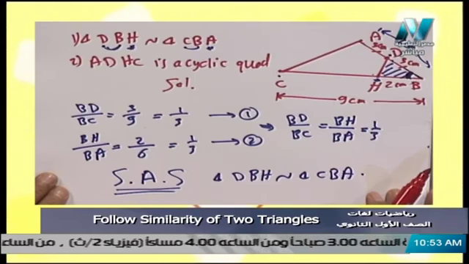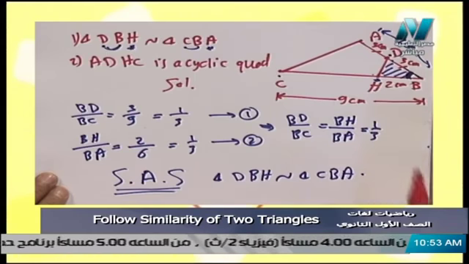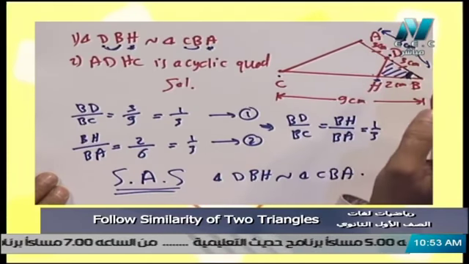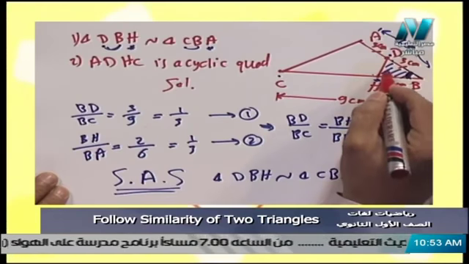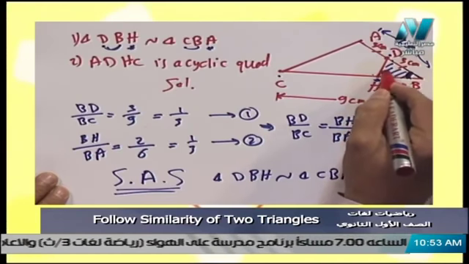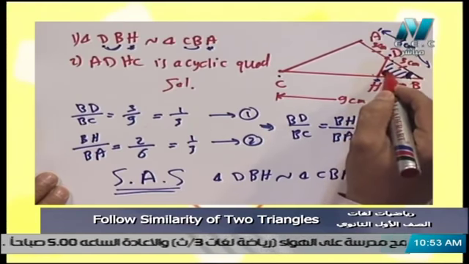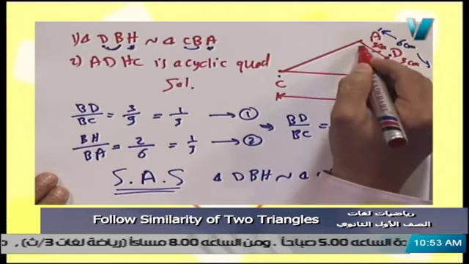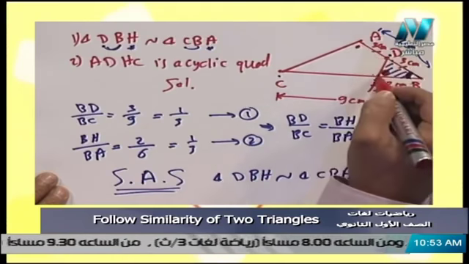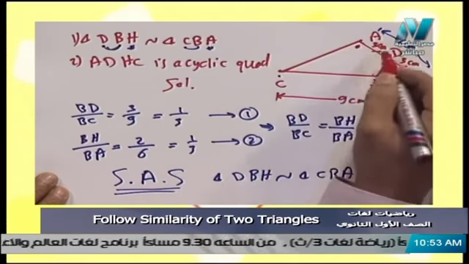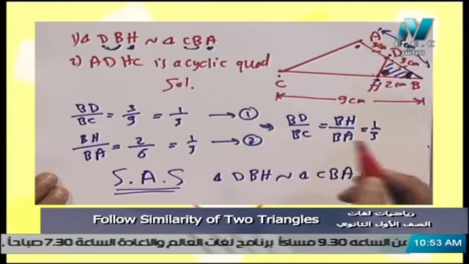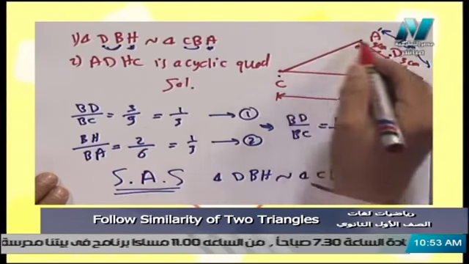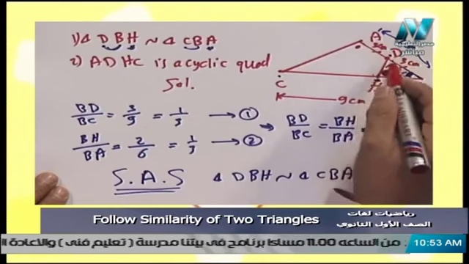In third preparatory second term, we studied the cyclic quad, and one of the conditions is if we have an exterior angle of the quad at a vertex equal to the opposite interior angle of this vertex, then this quad is cyclic. What is the meaning of cyclic? It means a circle can pass through A, D, H, and C.